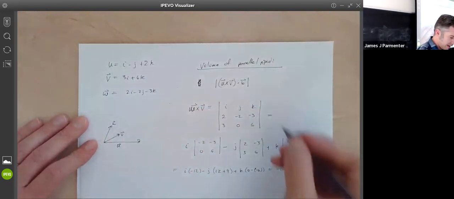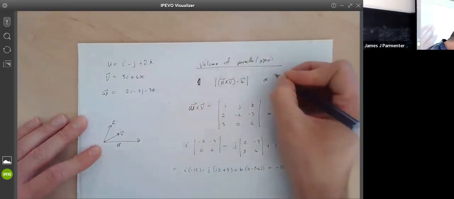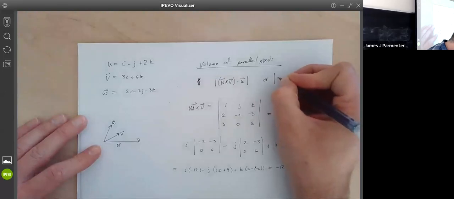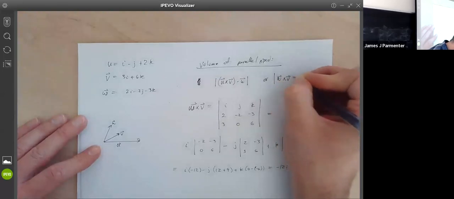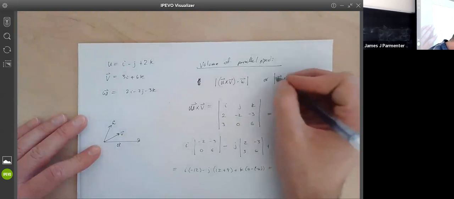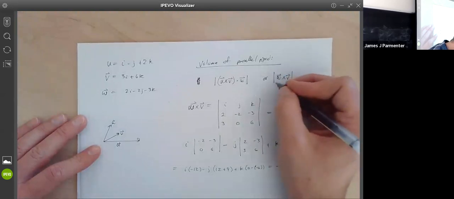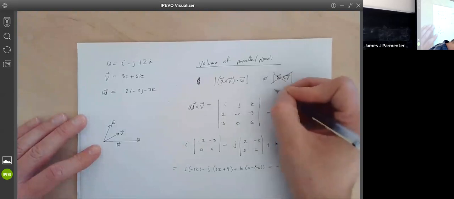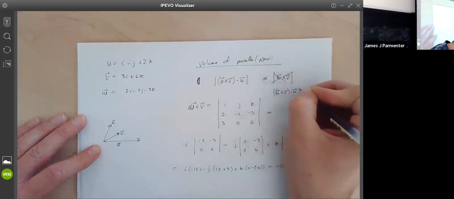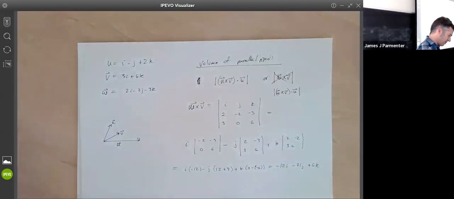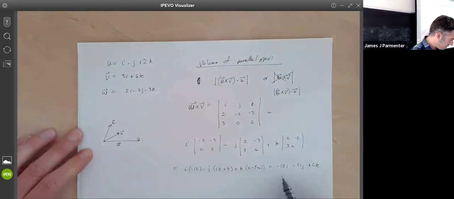I could also calculate it as the absolute value of w cross v, except I need to dot it with u. Apologies. I was looking at the notes and I'm like, this is a very different number than you get over there. That's all right. So then we're going to take that.